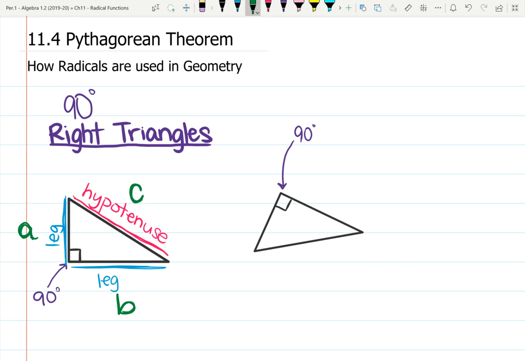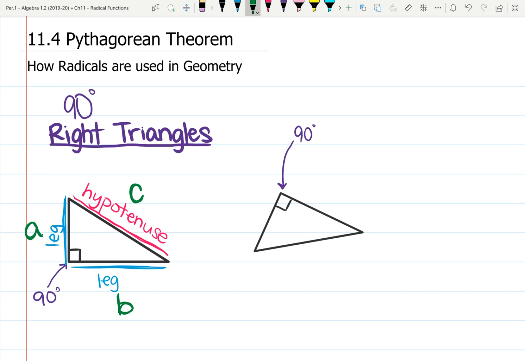Usually you go the smallest one, A, and then the next biggest one, B, but it doesn't really matter. I can call this leg B and this leg A. The two legs can be interchangeable, okay? But the one that has to always be C is the hypotenuse. Again, the hypotenuse is opposite of the 90-degree symbol.